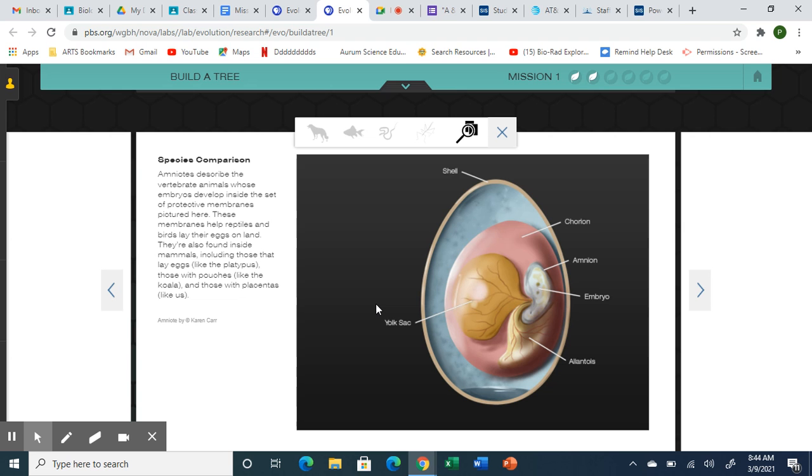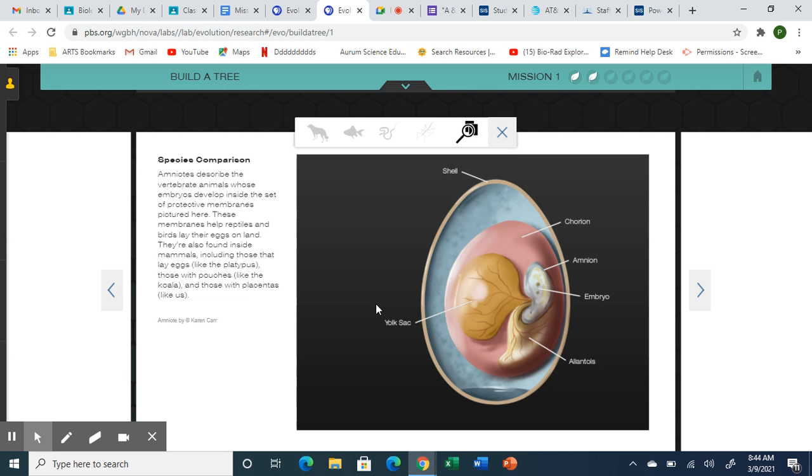It describes the vertebrate, so animals with a backbone, whose embryos develop inside the set of protective membranes pictured here. These membranes help reptiles and birds lay their eggs on land.